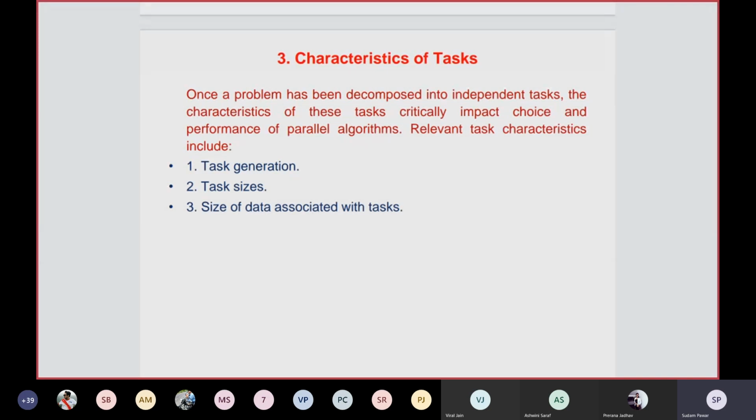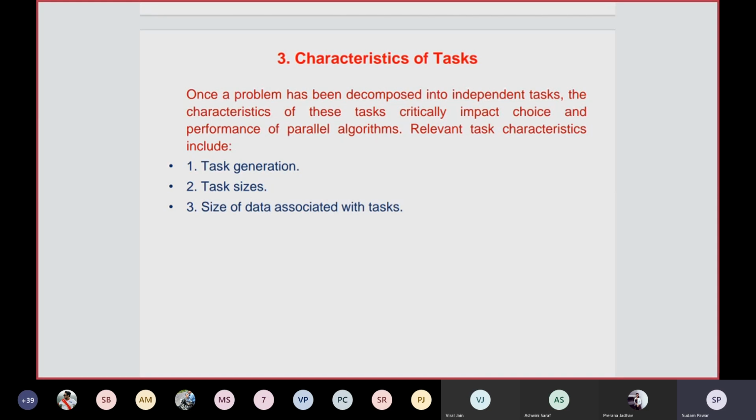Task generation is one characteristic: you need to decompose the given problem into n number of subtasks. Then task size: you can decompose your task using either the fine-grained decomposition approach or the coarse-grained decomposition approach, so the number of tasks and size of those tasks will vary.